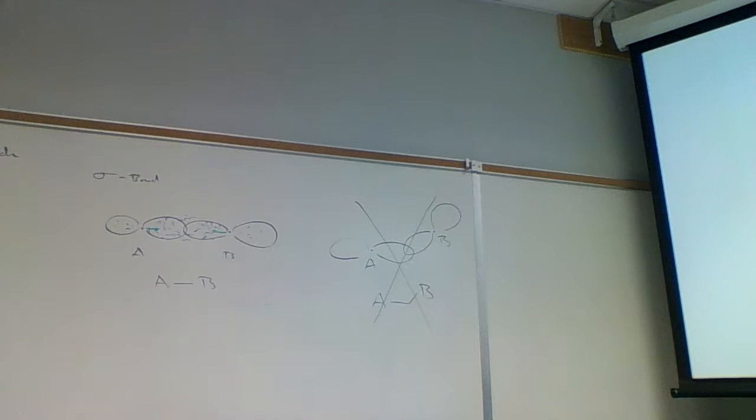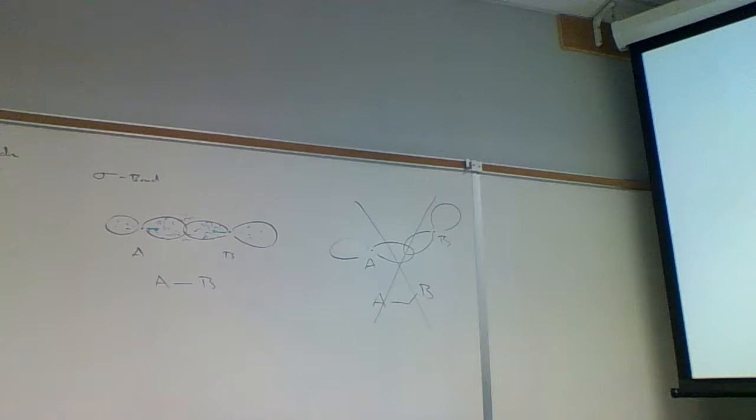If it's being attracted to the regions above and below, then we're going to have a net forward attraction. You just draw a triangle. The net forward is going to look like this. If we sum up these two vectors, these two arrows, we get an attraction like that. And so again, a pi bond is going to attract.